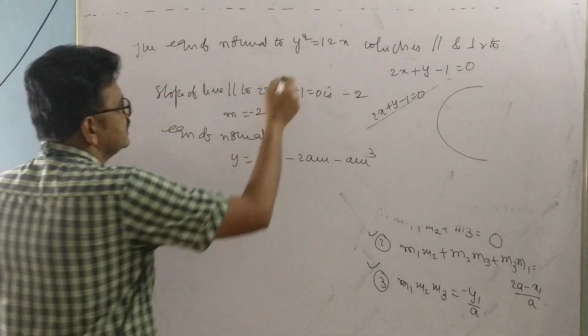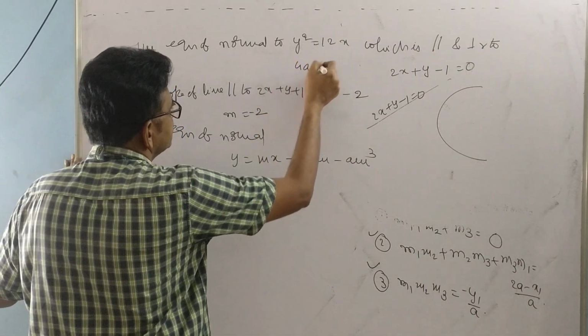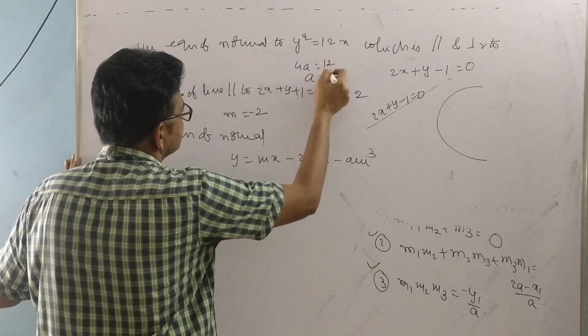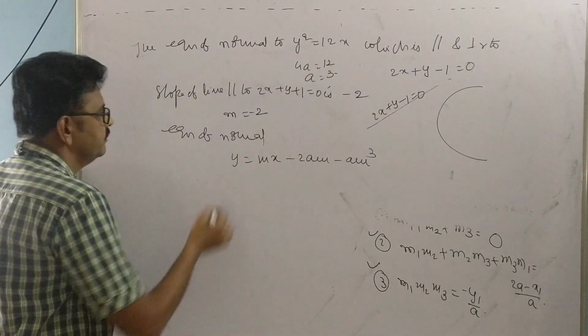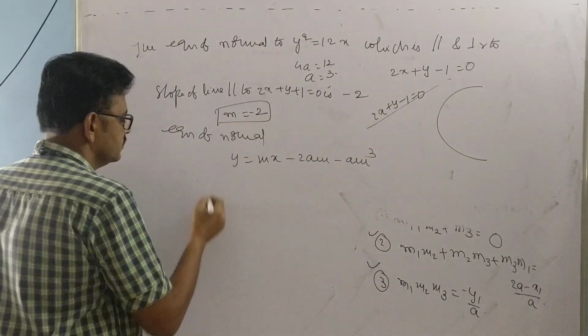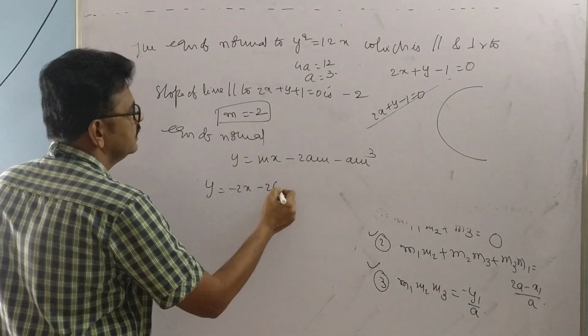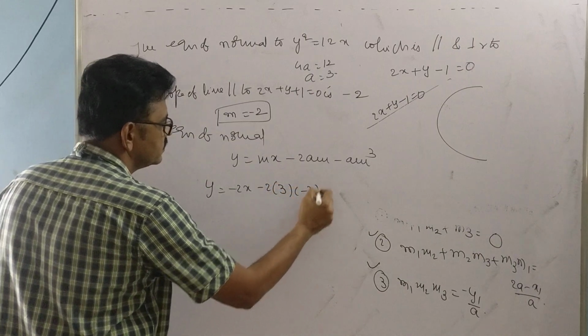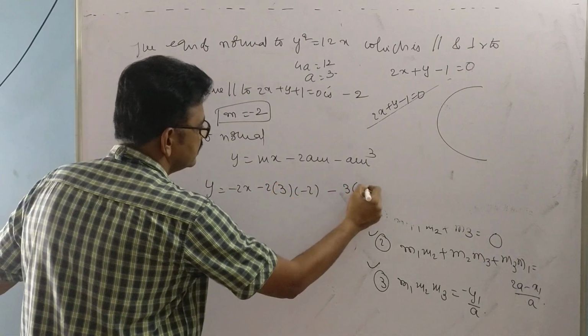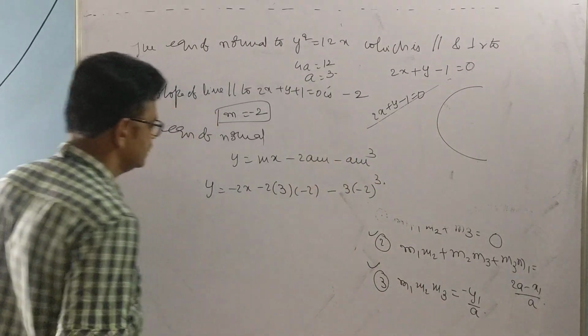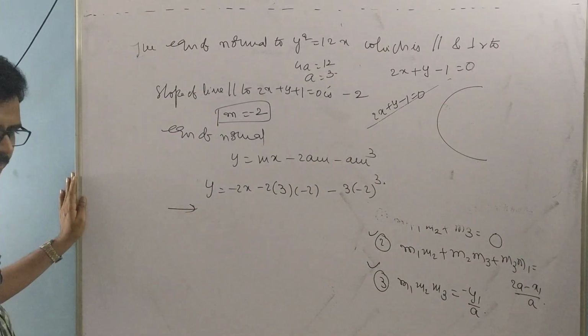So what is a equal to? 4a is equal to 12. a is 3. Okay? And m is minus 2. So y is equal to minus 2x minus 2 into a is 3, m is minus 2, minus a is 3, minus 2 whole cube. So this is the equation.